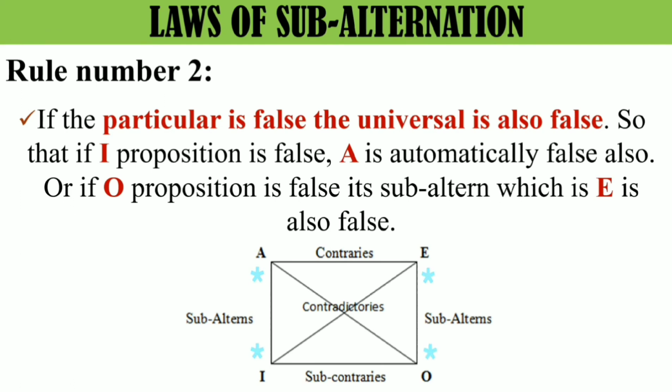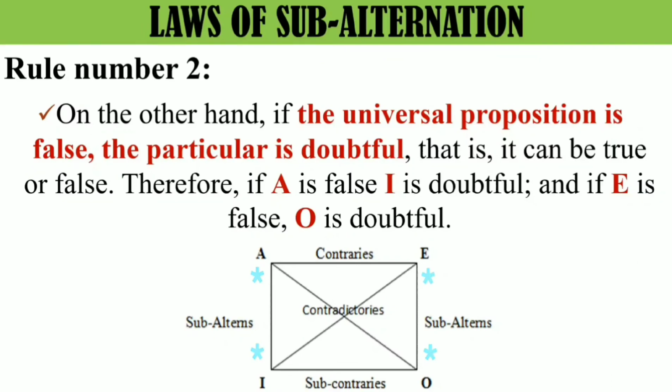Or if the O proposition is false, its subaltern, which is E, is also false. Again, if I is false, A is automatically false. If O is false, E is automatically false.